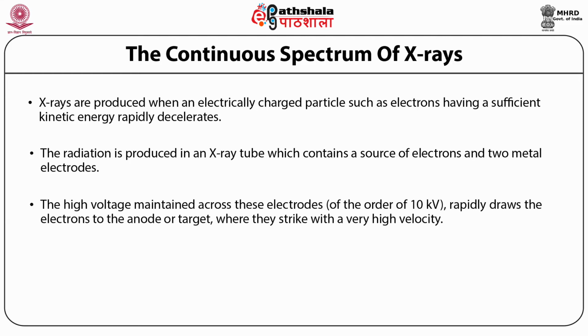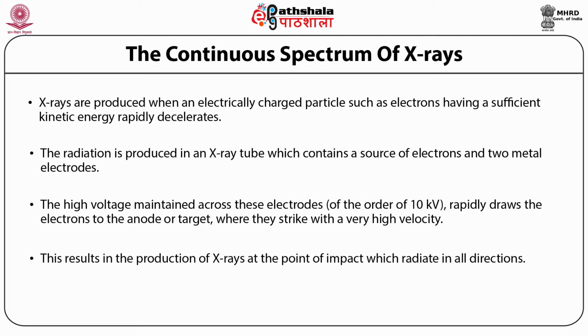The high voltage maintained across these electrodes, of the order of 10 kilovolt, rapidly draws the electrons to the anode or target, where they strike with a very high velocity. This results in the production of X-rays at the point of impact, which radiate in all directions.